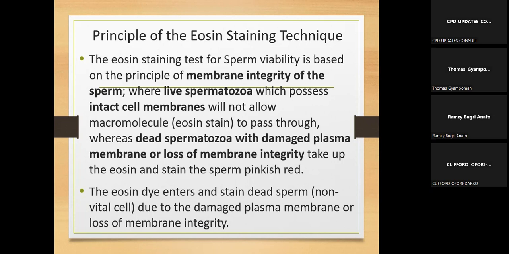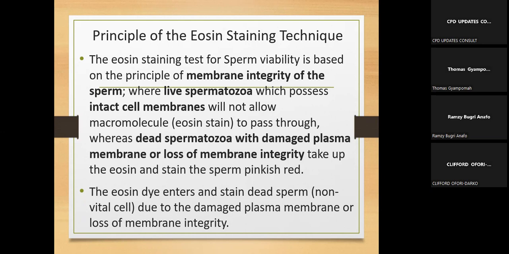If it has its membrane integrity intact, and you are a stain which doesn't have the capacity to knock into a living cell, then it means that you'll be expelled. You will not be allowed to enter there. Therefore, the live sperm will not be stained, and it will be colorless. As simple as that.